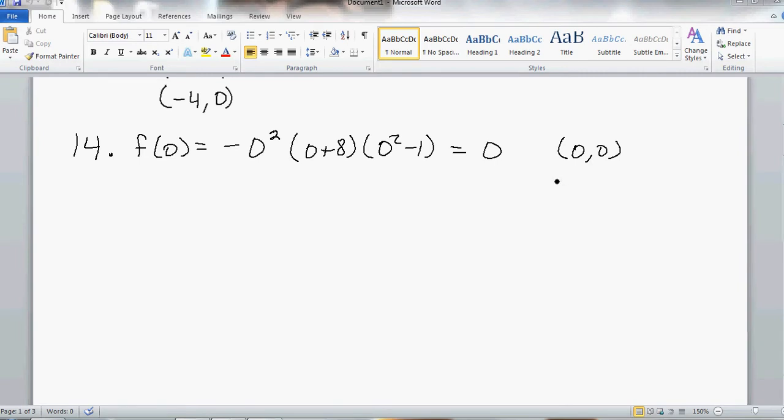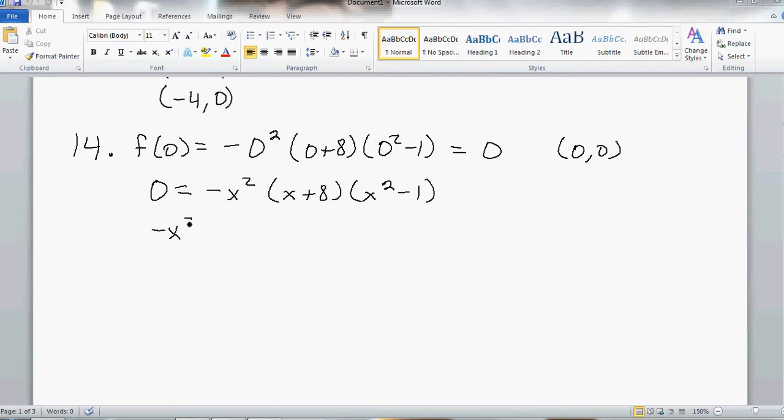But in order to find the x-intercepts, we need to let 0 equal the whole expression, negative x squared, quantity x plus 8, and the quantity x squared minus 1. It's very simple to set each one of these equal to 0.